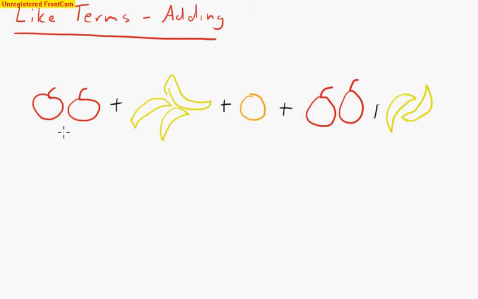It'd be kind of like if, let's say, apples were represented by A, bananas represented by B, and oranges represented by C. And we said we had 2 apples, that'd be like 2A, plus 3 bananas, that'd be like 3B, plus 1C, so we usually just leave the coefficient of 1 off, plus 2 more apples, plus 2 more bananas.